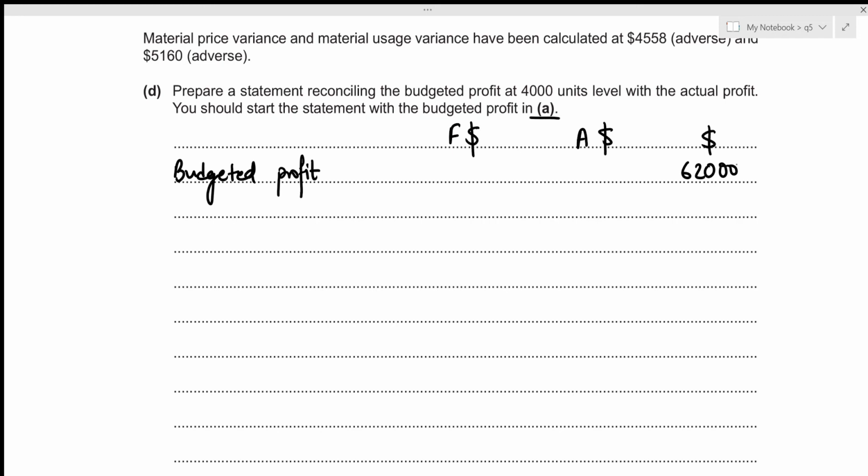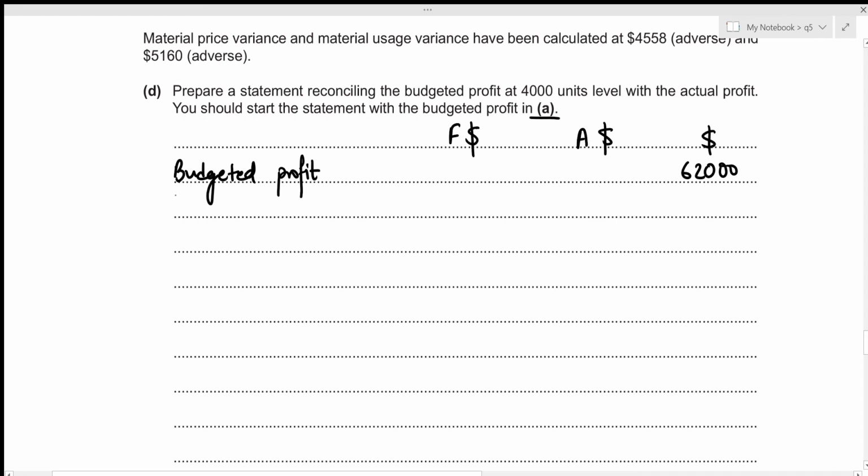So the first one is sales, and for sales we need to adjust the price variance as well as the volume variance. Then the second one will be material. Again, we need to adjust the price variance and the uses variance. Then for labor, that would be our rate variance and the efficiency variance. And for fixed overheads, that would be the expenditure variance and the volume variance. So let's first list down all of the items to be recorded in this statement.